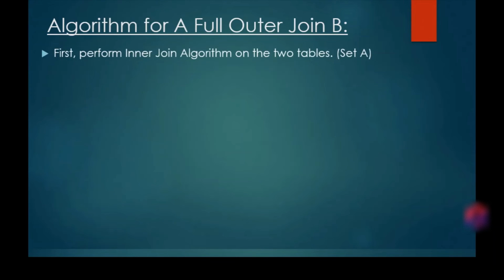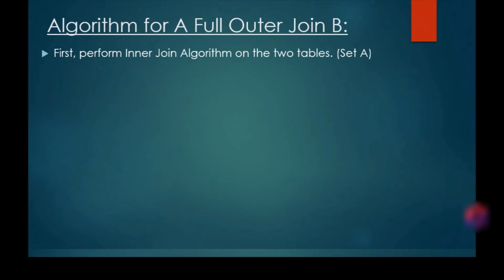The very first step is to perform an inner join algorithm on the two tables, and we call that set A. So the very first step is what we have been following along in the previous two joins, which is left join and right join, and that is to simply list all the matching rows between table A and table B by performing the inner join and calling it set A.